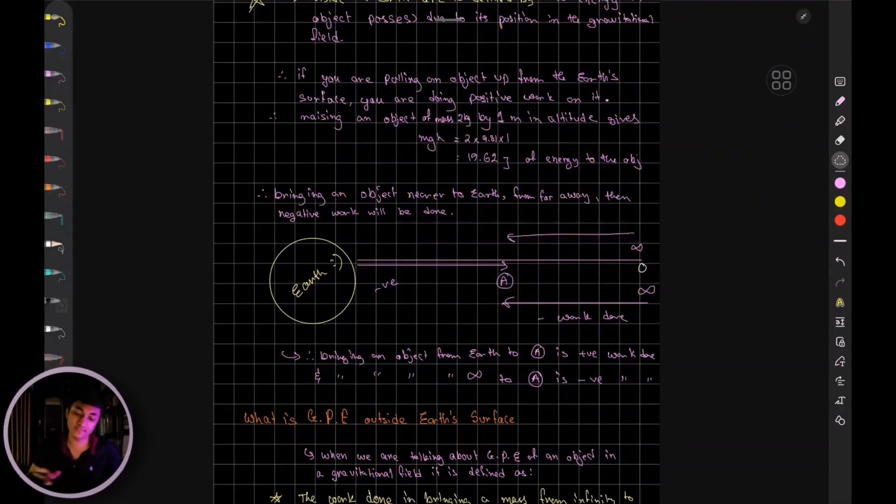That is how gravitational potential energy is defined. Therefore, near the surface, the gravitational potential energy will be highly negative, because bringing it from infinity to this point near the surface, a lot of work was done.